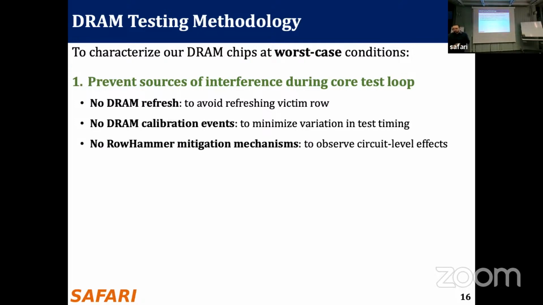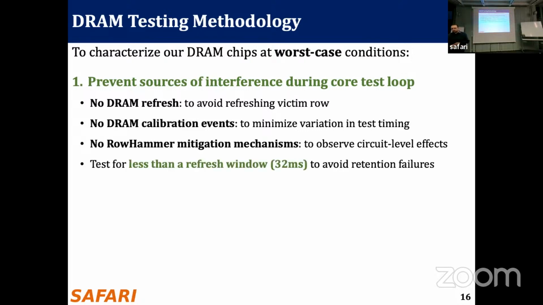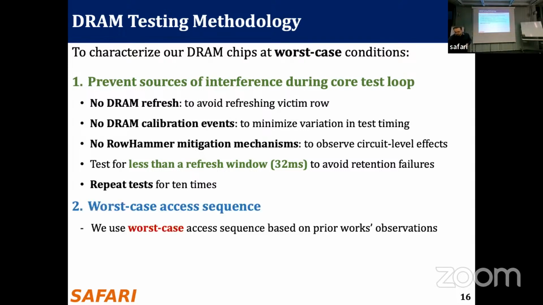We also disable RowHammer mitigation mechanisms to observe the circuit-level effects of our tests. And we conduct our tests in a short amount of time so that our bit flips do not include data retention bit flips. We repeat our tests multiple times and get reliable data out of that.